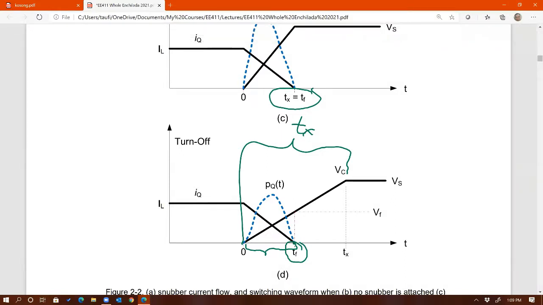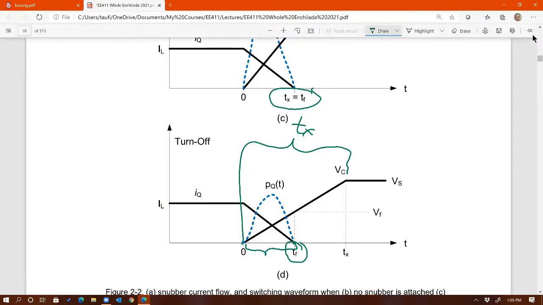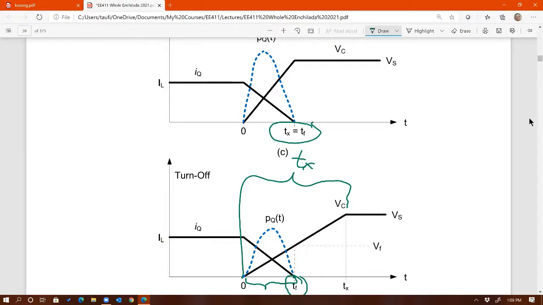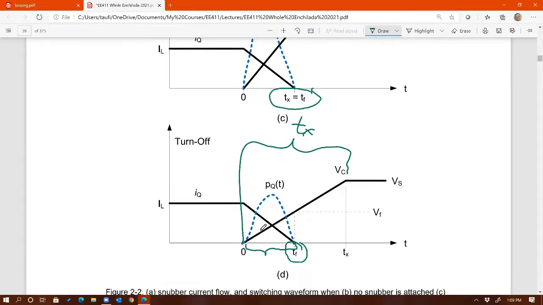One criterion to select the proper sizing of the capacitor could be that we want the current through the switch to reach 0 before the voltage across the switch reaches its final value, because then we have a small amount of overlap. As long as TF is less than TX, then we're good.